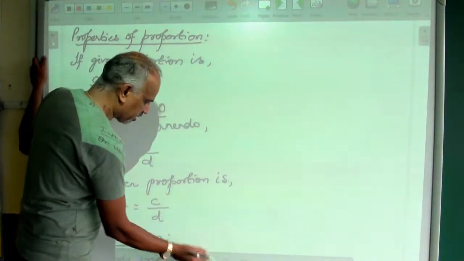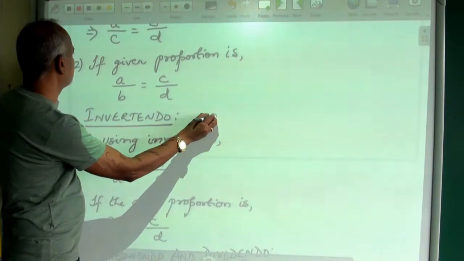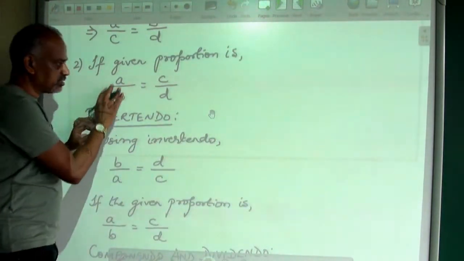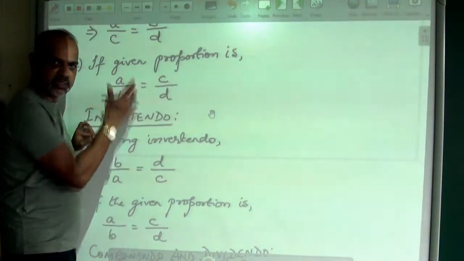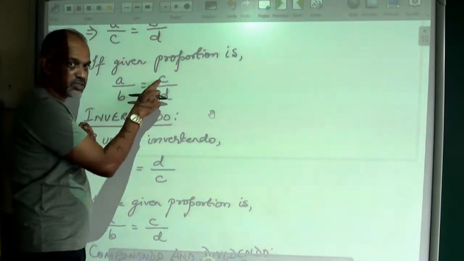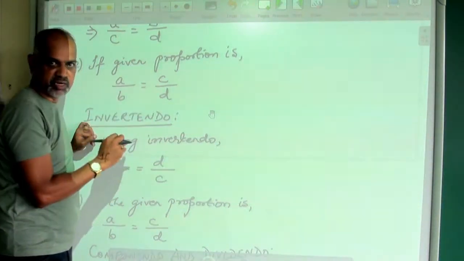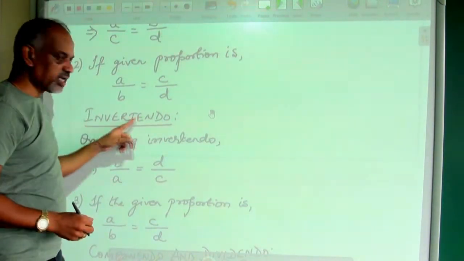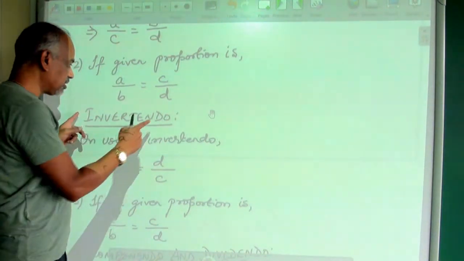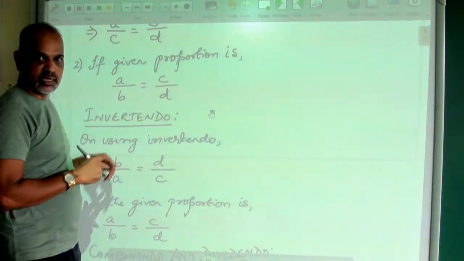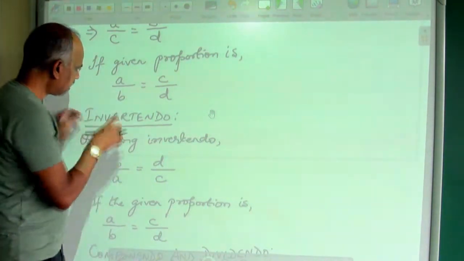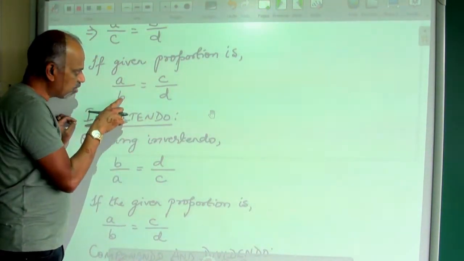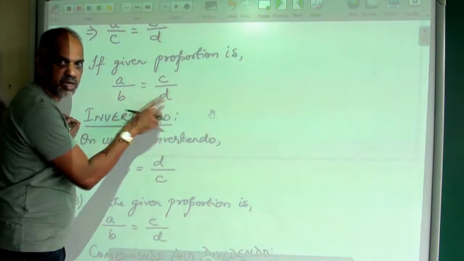The second property: if this is the proportionality that is given, same thing I have taken, A by B is equal to C by D. The second property of proportion is called invertendo. Now what happens in invertendo is like writing reciprocals. B goes up, A comes down, D goes up, C comes down.